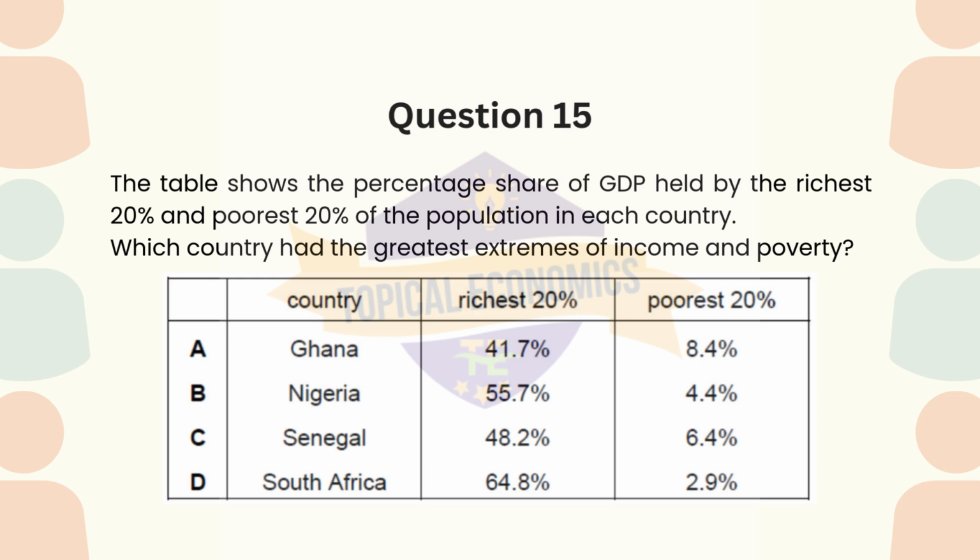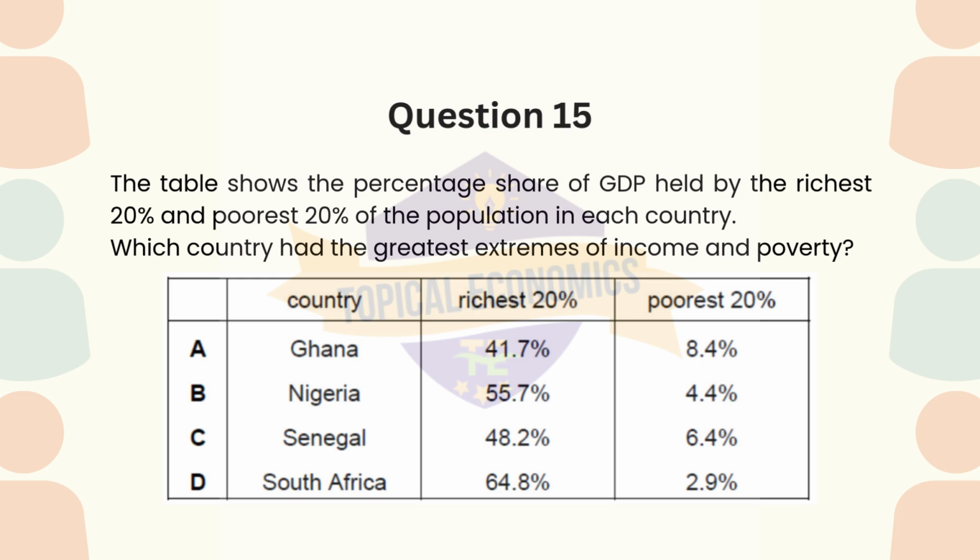So here Nigeria shows significant inequality, but if you look at South Africa, option D, the gap is larger in terms of wealth of the richest 20%. So that option D, South Africa, is indicating greater extremes.